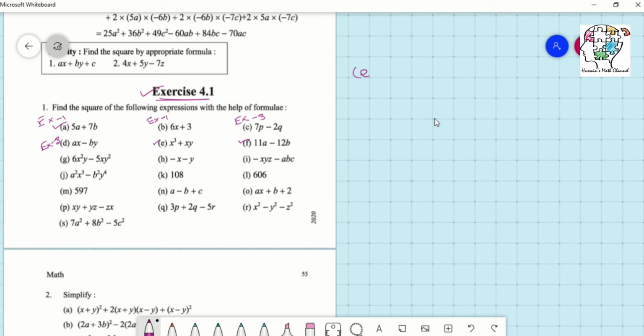So if we do number e, we have to find the square of x cubed minus xy. So we have to do x cubed minus xy, whole squared.